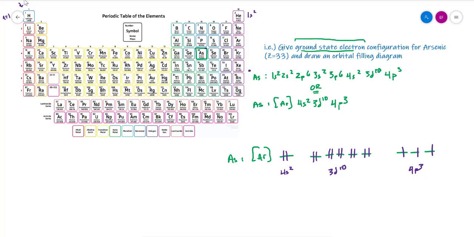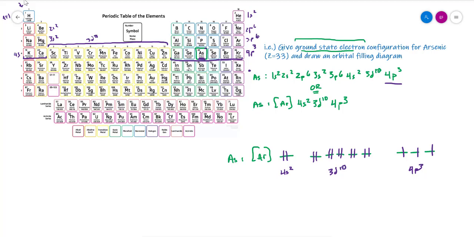If we jump down, this would give us our 2s2, and then our 2p6 block, our 3s2, our 3p6 block, our 4s2, which would be this block, and then we have our 3d10, which constitutes this entire chunk here, and then we go to our 4p, but we've only got 3 electrons in this whole p set. So that would give us 1s2, 2s2, 2p6, 3s2, 3p6, 4s2, 3d10, 4p3.